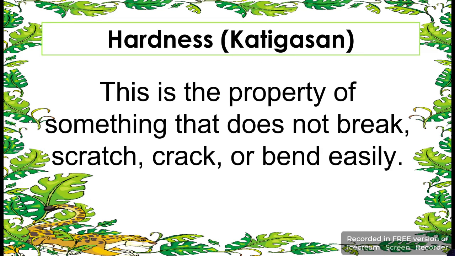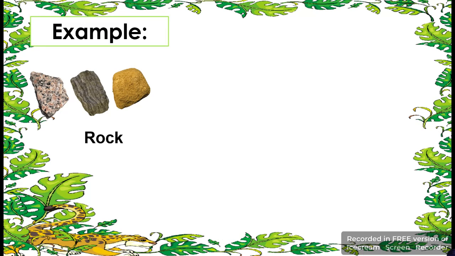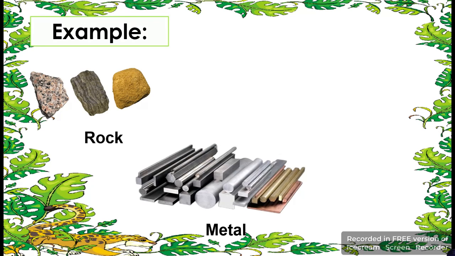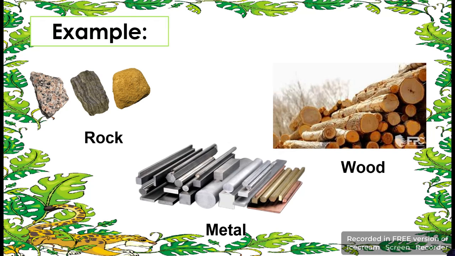First, it is hardness or katigasan. This is the property of something that does not break, scratch, crack, or bend easily. Examples are the rock, the metal, and the wood.